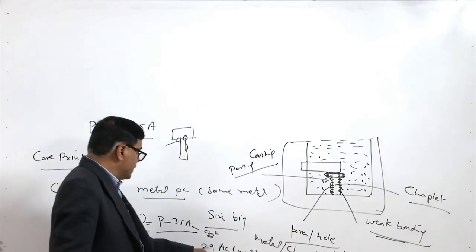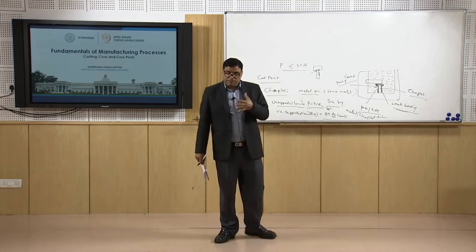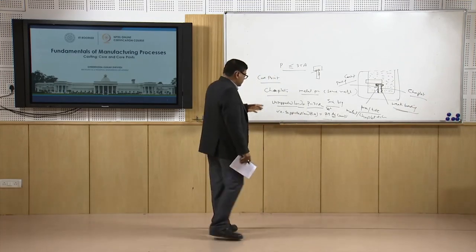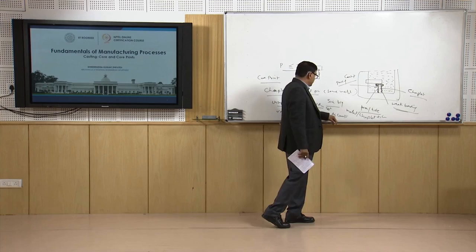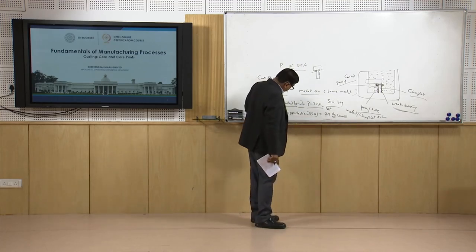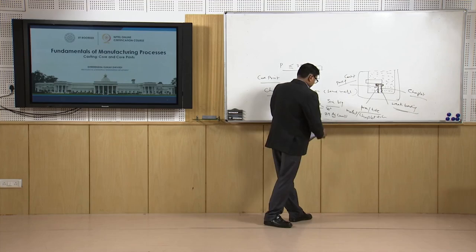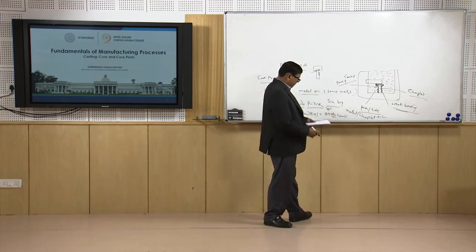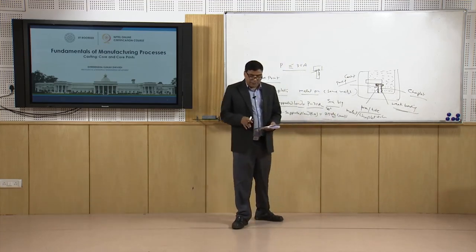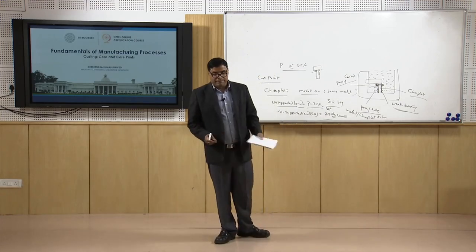So, a 29 Newton load is expected to be taken by unit area of the chaplet. Considering that 29 AC is the area of the chaplet which is desired in mm square, the unsupported load is equated with 29 multiplied by AC, the chaplet area in mm square. That is how we can determine the size of the chaplet or the area of the chaplet which is to be used.